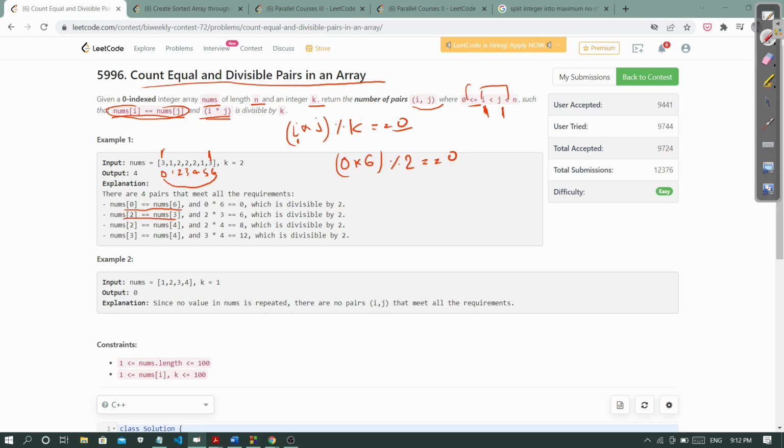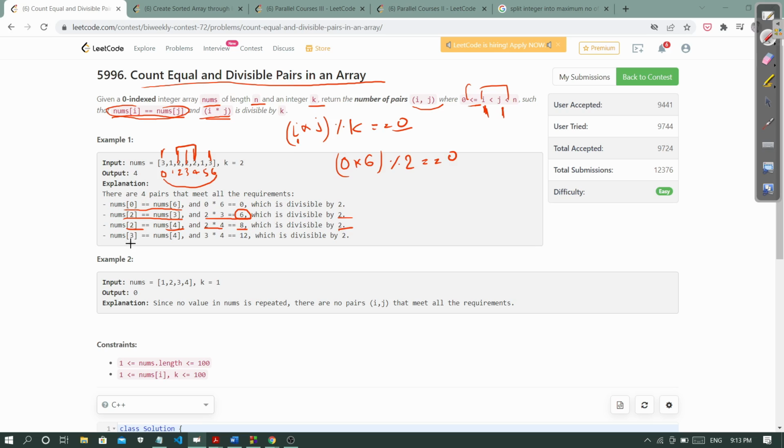Similarly, nums[2] and nums[3] are both equal, and 2 times 3 is 6, which is divisible by 2. Similarly nums[2] and nums[4] are both equal and also valid, because if I multiply the indexes of both elements we get 8, and 8 is divisible by 2.